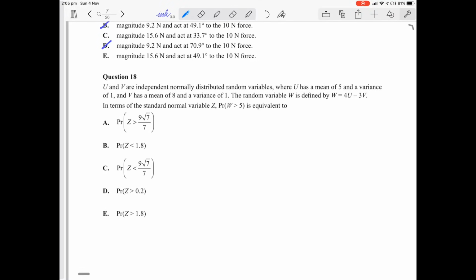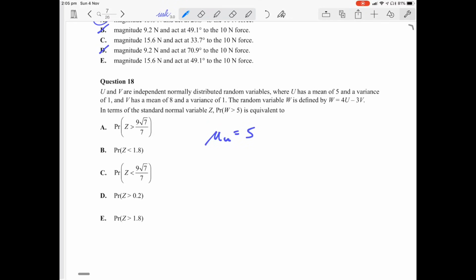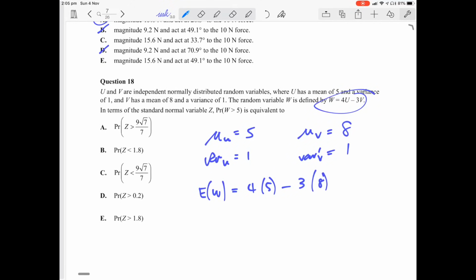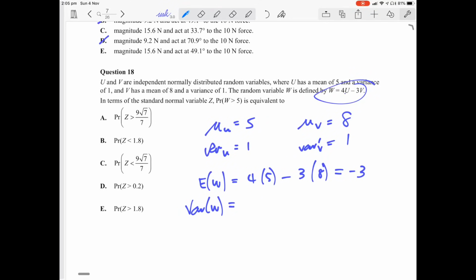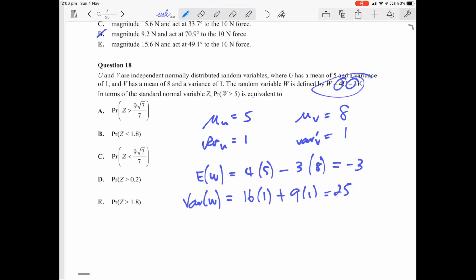The random variable W in terms of U and V is greater than 5 is equivalent to, so we know mu of U is equal to 5, var of U is equal to 1, mu of V is equal to 8, var of V is equal to 1, E of W is 4 times 5 minus 3 times 8, 20 minus 24, and then var of W is 16 times 1, because we've got to square that value, plus, because when we square negative 3 we get plus 9 times 1, which is 25. So the variance is 25.